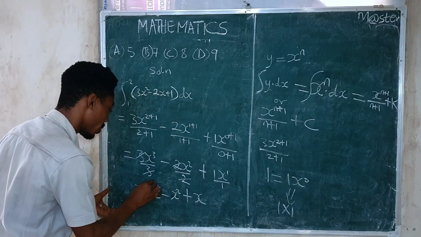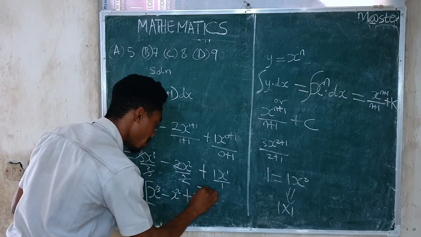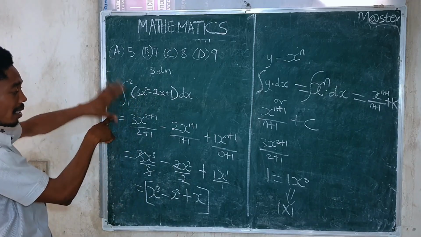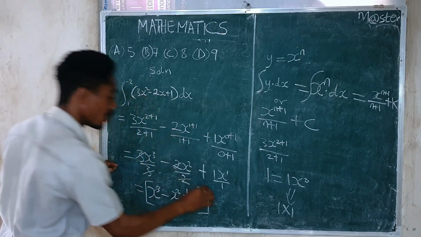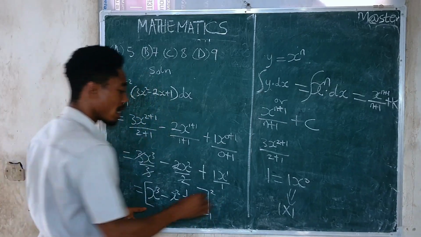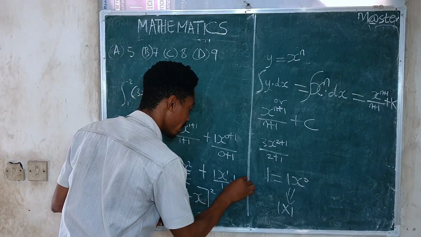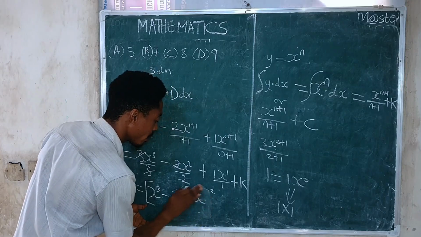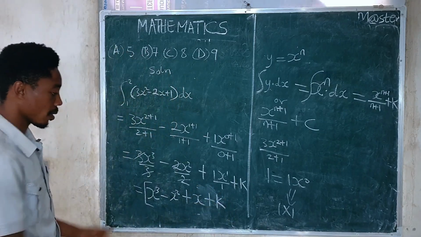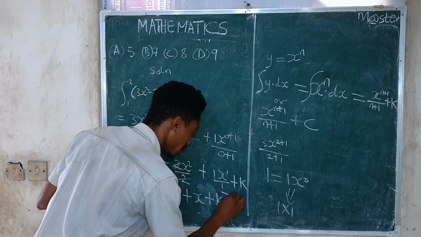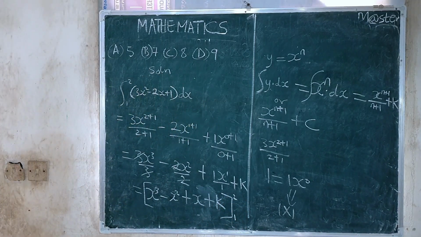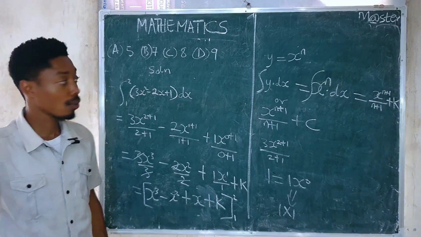Now I'm going to capture the boundary. I'm done with evaluating the integral. So the boundary between 2 and 1. But just before that, we forgot our constant k. So let's include it. Plus k. And we include our boundary 2 and 1. So it's important we note that.